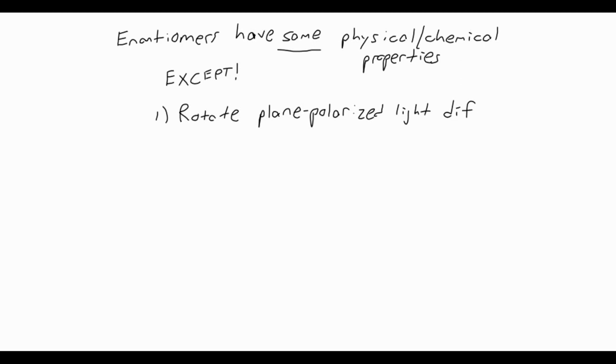And each enantiomer will rotate that light differently. So what does plane-polarized light even mean? If you turn on a light bulb or shine a flashlight, you're going to end up with light where all of those electromagnetic waves are pointing in every direction.